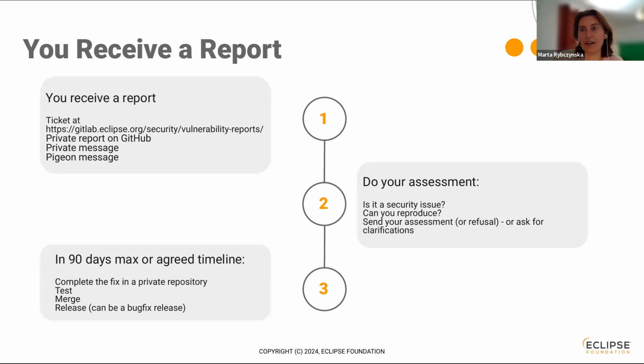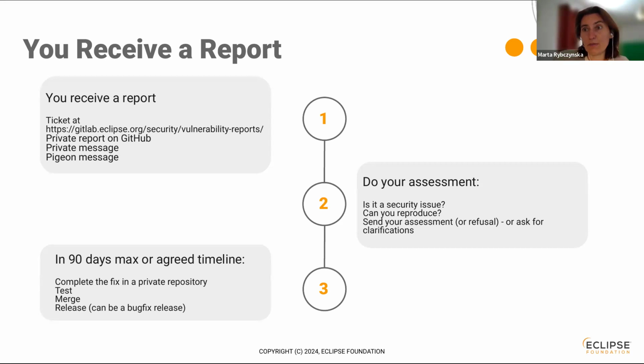We have seen every possible method for such a report. No matter the way the reporter contacts you, what is important is what they have to tell you. So you get the data they gave you about the potential issue, and you do the assessment.